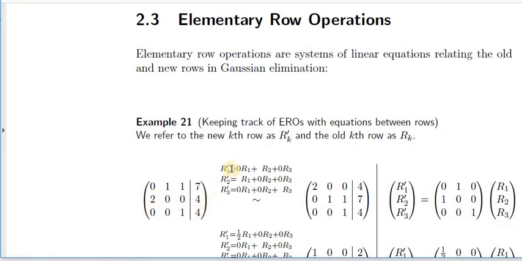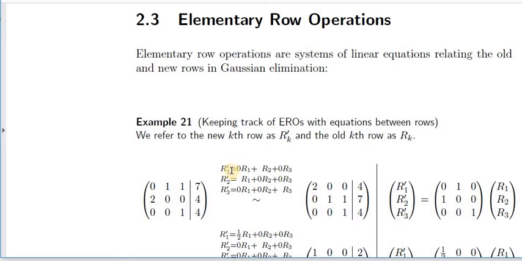Right? So R1 prime is actually what you could call a linear combination of the original rows. As I said, R1 prime is actually equal to R2 because I've moved R2 up to the first position. But I can write that as 0R1 plus R2 plus 0R3. All right?